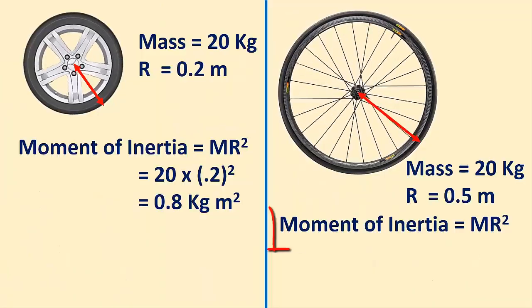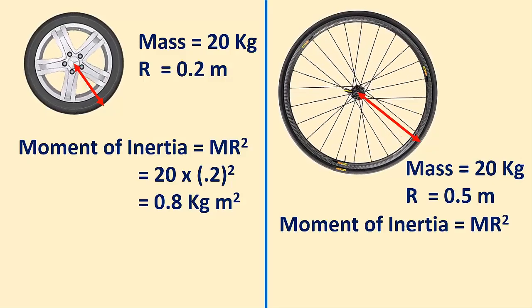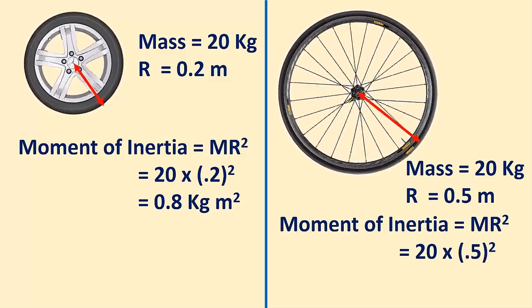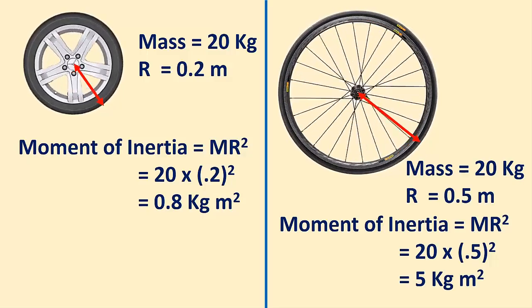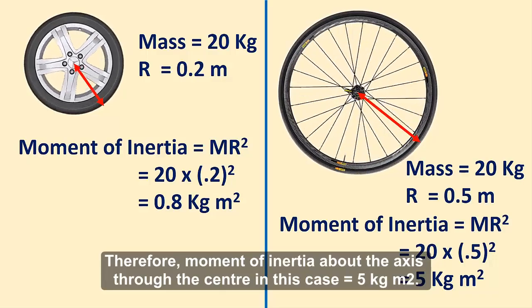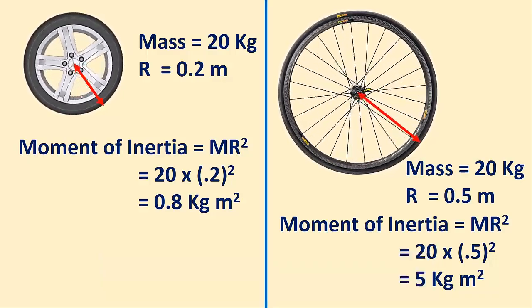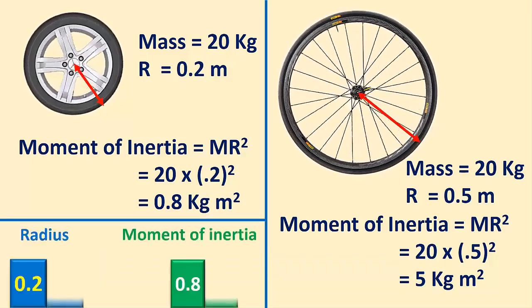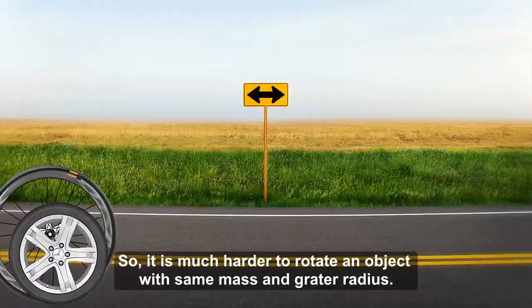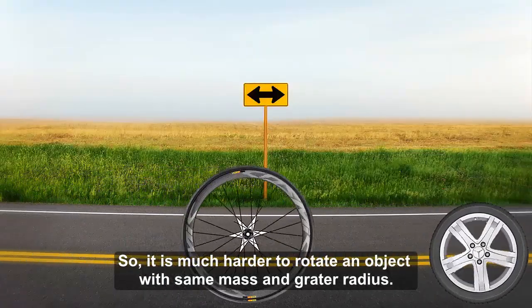The moment of inertia of the wheel about the axis of rotation is mr², which is equal to 20 × 0.5², which is equal to 5 kg m². Therefore, the moment of inertia about the axis through the center in this case is 5 kg m². If the radius increases, the moment of inertia also increases. So, it is much harder to rotate an object with the same mass and greater radius.